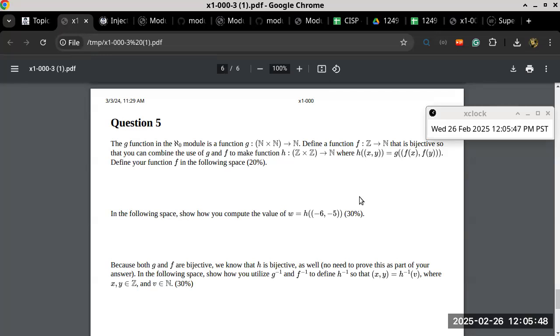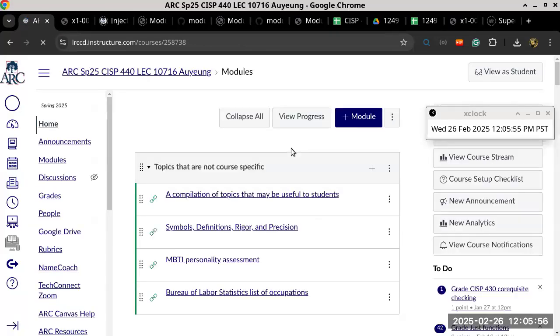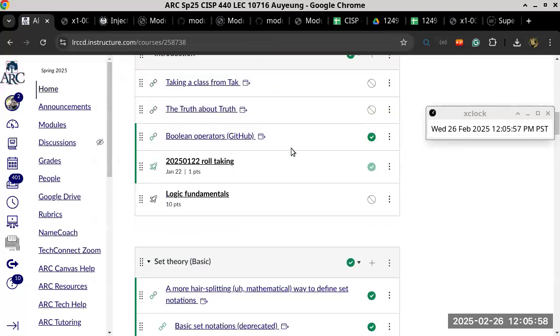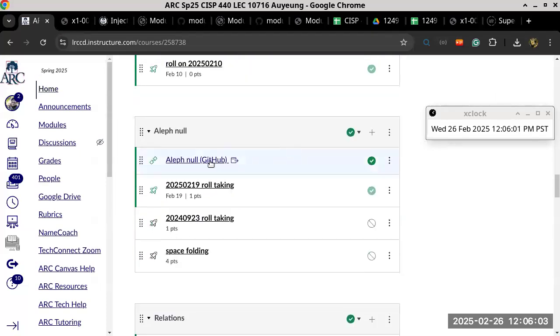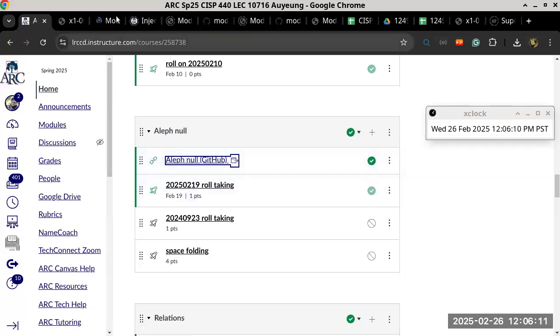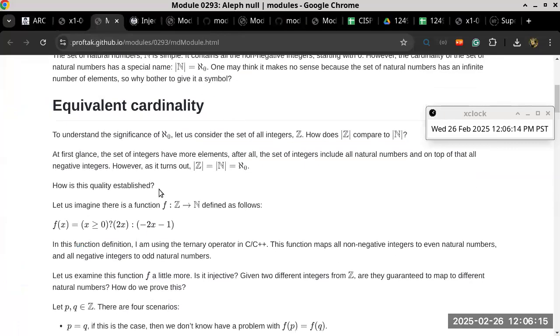Let me at least point out which module you need to read to get those particular items. That is under the section after functions in Aleph No. There's only one single reading module in Aleph No. This is the module that you need to read. I will even go to the extent of finding f for you. Function f is staring at you in the face.